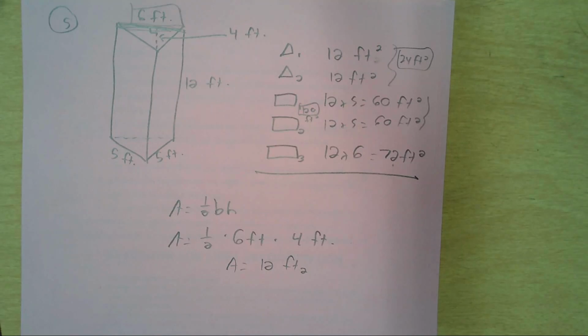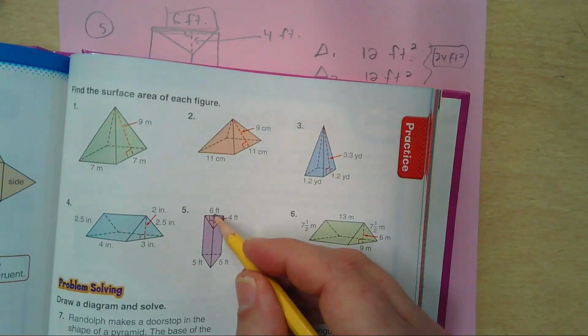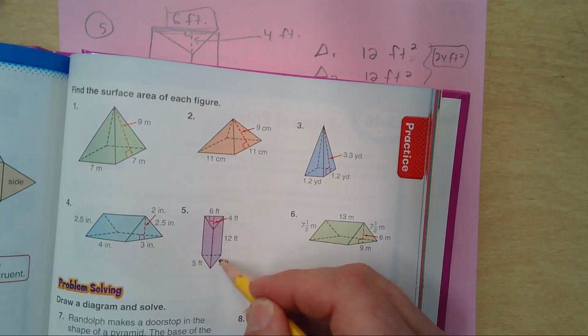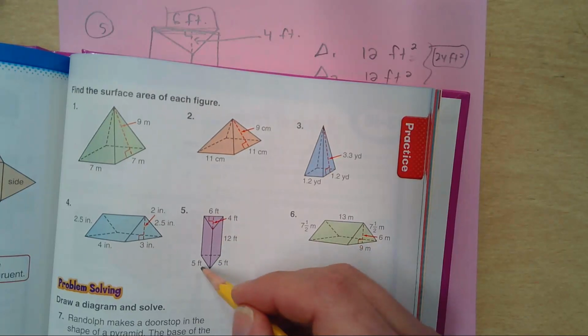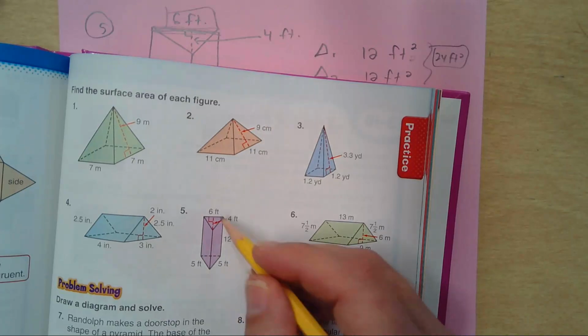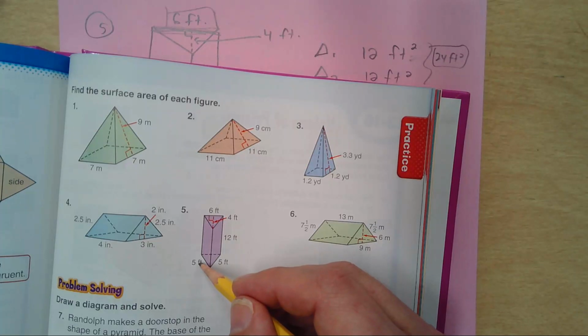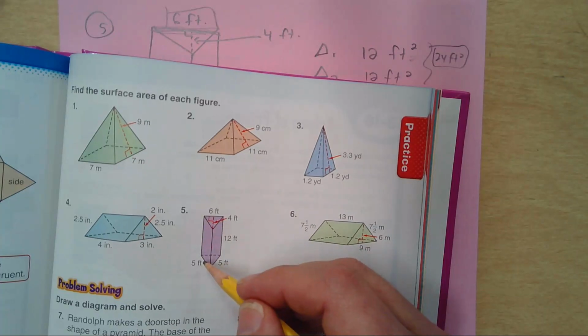The base of the triangle also forms the side of the rectangle, right? The base of the triangle is also a side of one of the rectangles, right there. One rectangle, 2 rectangles, 3 rectangles. All the rectangles have a height of 12 though. 12, 12, and 12. No issues there.